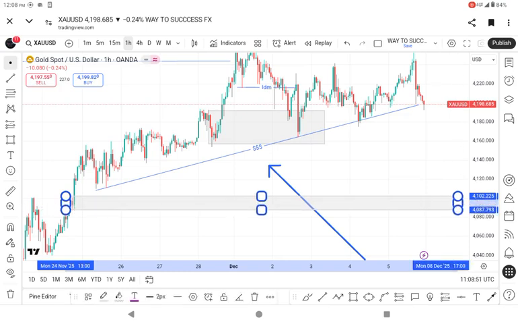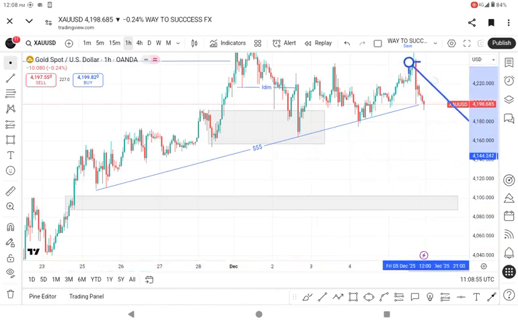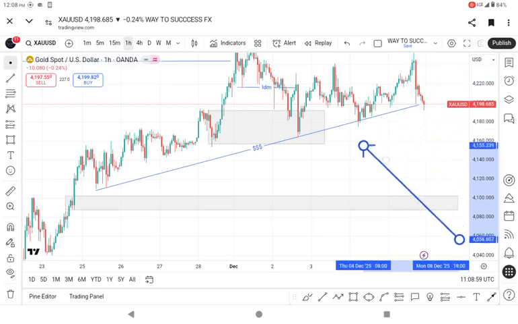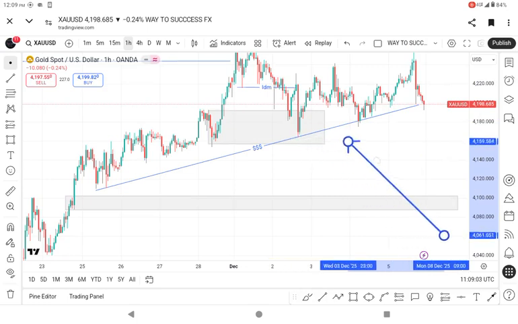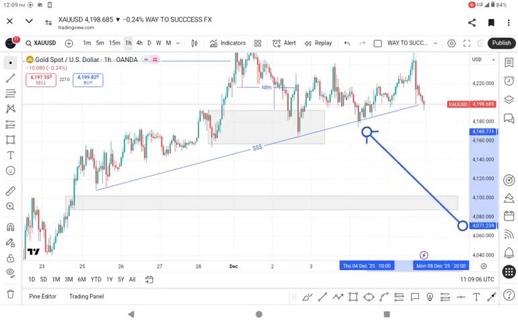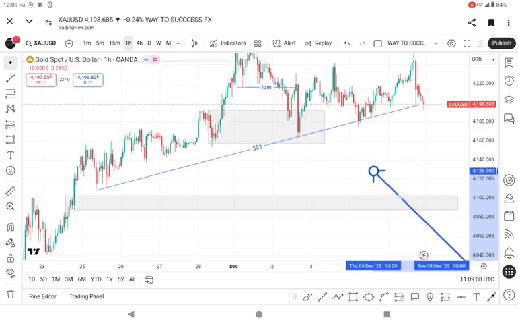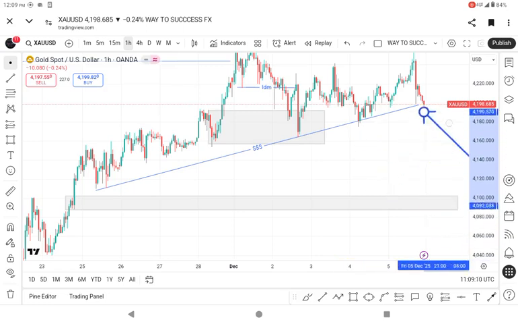So what I'm expecting this week is, if price should come to the downside, since it has failed to break the high and start trading to the downside, if price should break this low here, this will be a break of structure to the downside, and then we can start looking for sells.